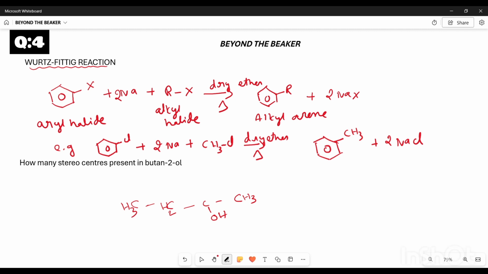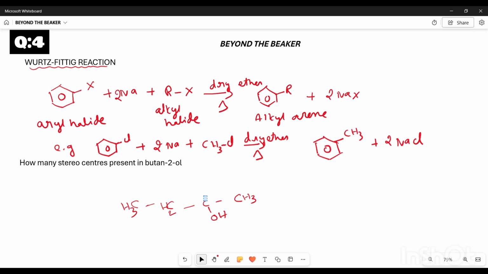Here stereo center means asymmetric carbon atom or chiral carbon atom. What is meant by chiral carbon atom? A carbon atom which is surrounded by 4 different groups is called chiral carbon atom.